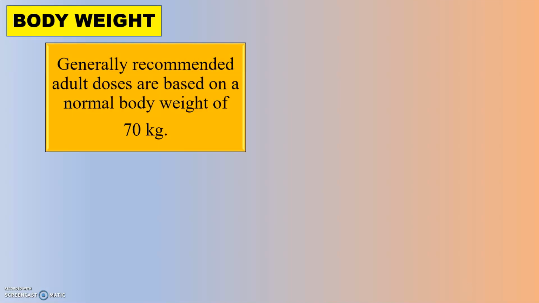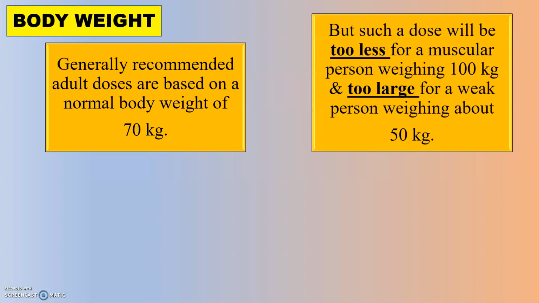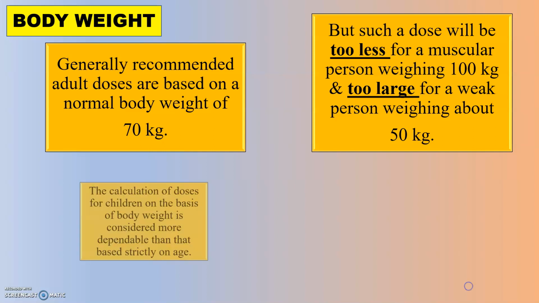Next factor is body weight. Generally, recommended adult doses are based on a normal body weight of 70 kg. But such a dose will be too less for a muscular person weighing 100 kg and too large for a weak person weighing about 50 kg.